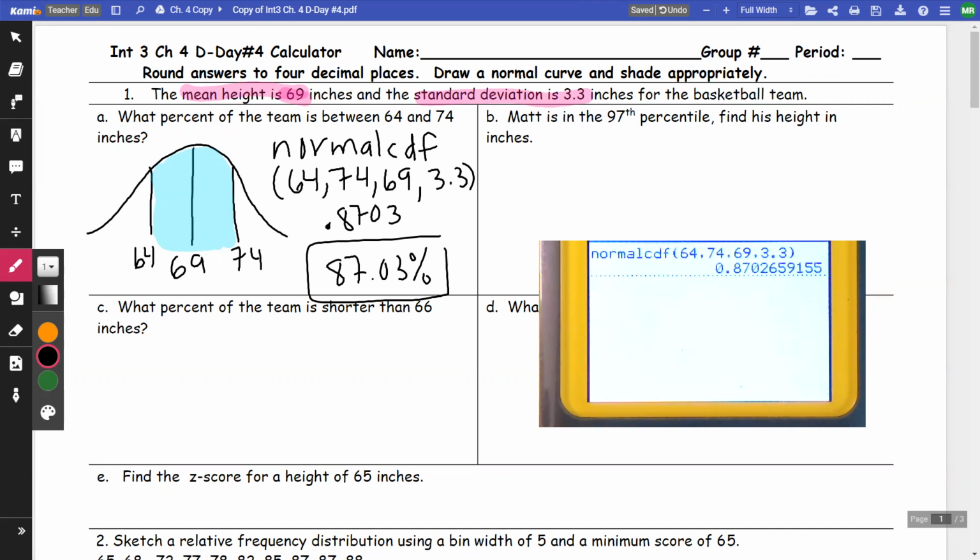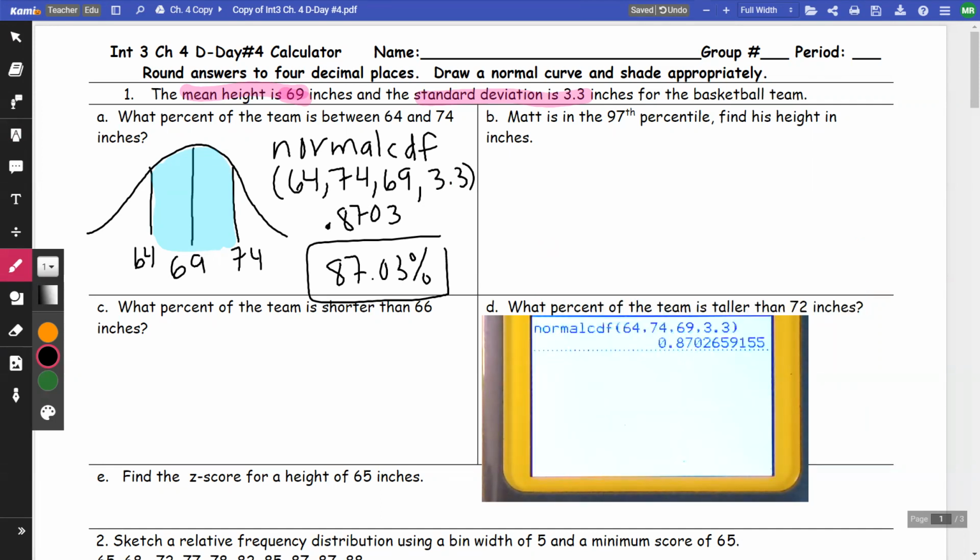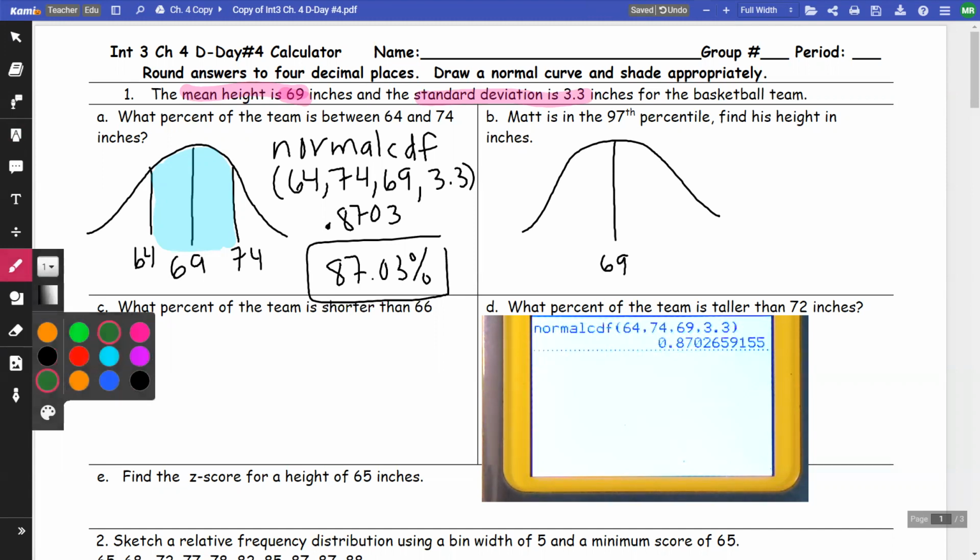Matt is in the 97th percentile. Find his height in inches. So if we're looking for the 97th percentile, our mean is 69. That means that 97% of the data is below us.